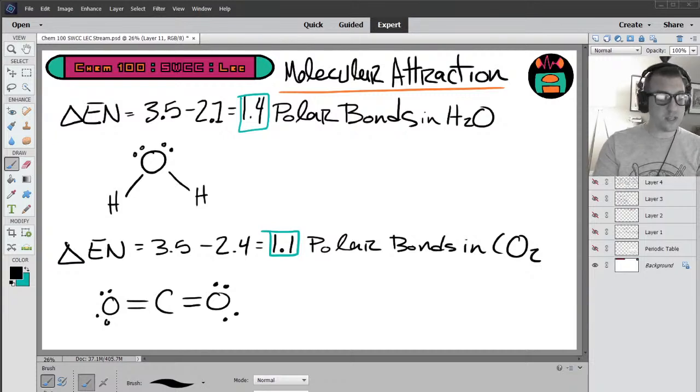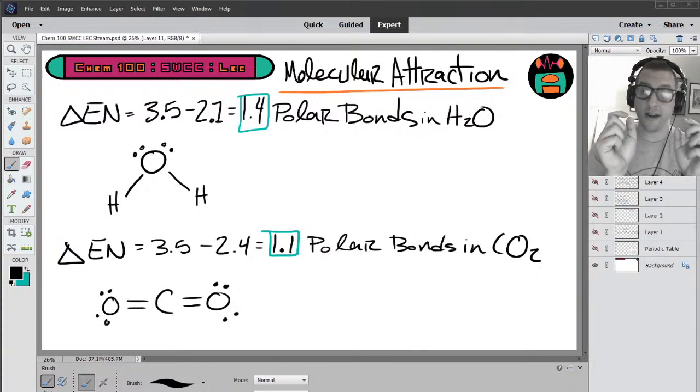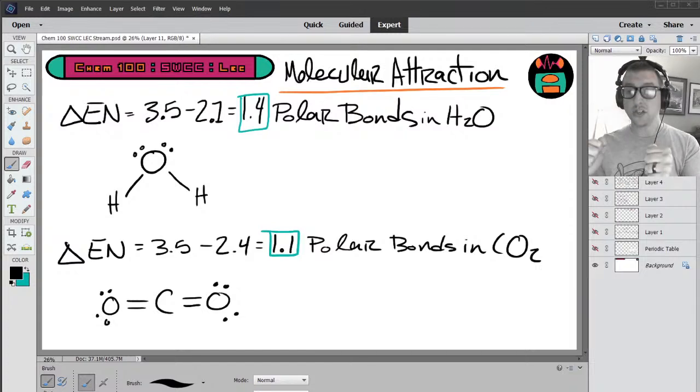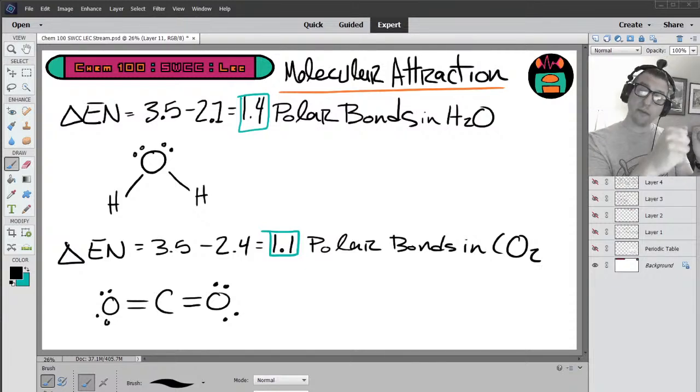So Carolina, great question. You do not add 2 for the H because you're only looking at the individual pull between one oxygen atom and one hydrogen atom. So it's ever just one on one. One bond is one oxygen with one hydrogen. So you just look at the electronegativity for one oxygen, one hydrogen. That first bond is polar. The second bond is polar because the difference between oxygen and hydrogen is the same.